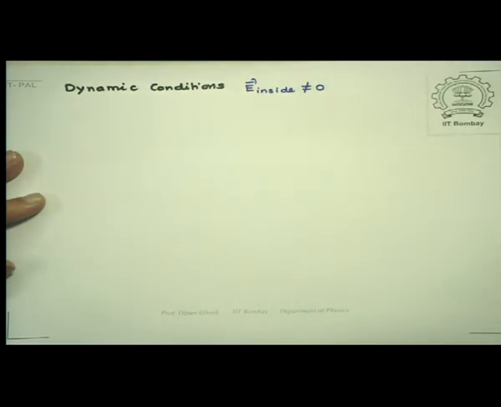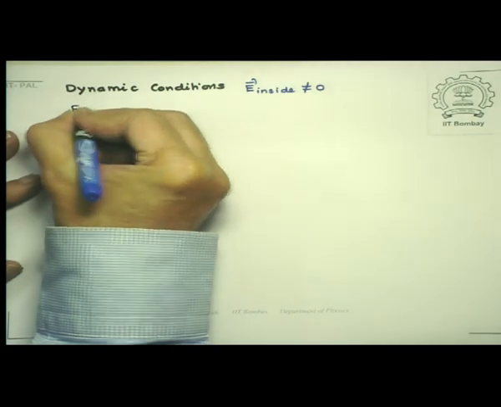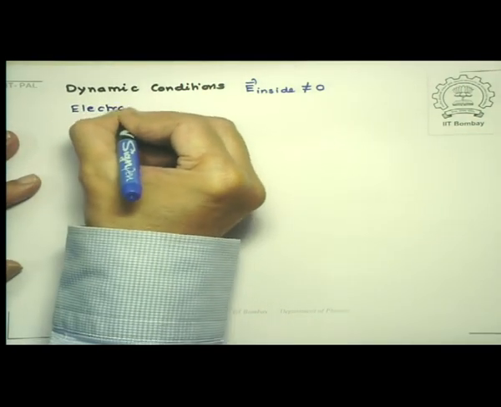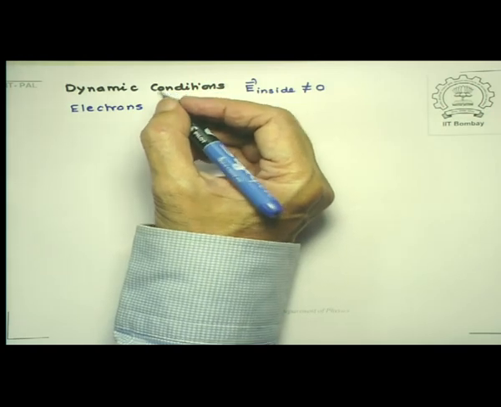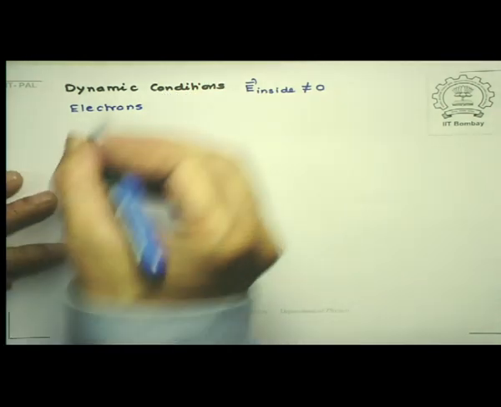Now in such a situation, the electrons, which we said move with a thermal velocity, because of the presence of the electric field inside, are also accelerated. So let us say the electrons are accelerated. The velocity or speed with which they move is still the thermal velocity, but they are accelerated.